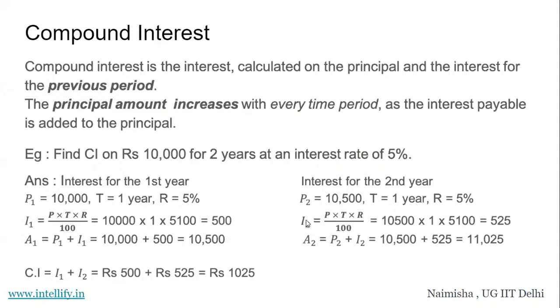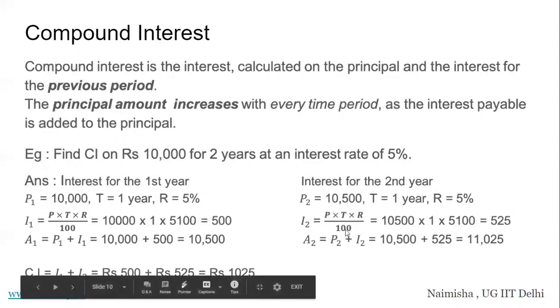We calculate the interest for the second year by substituting in the simple interest formula, which turns out to be 525. The amount at the end of the second year is 11,025 rupees. The total compound interest for 2 years is the interest for the first year plus the interest for the second year, which is 1,025 rupees.